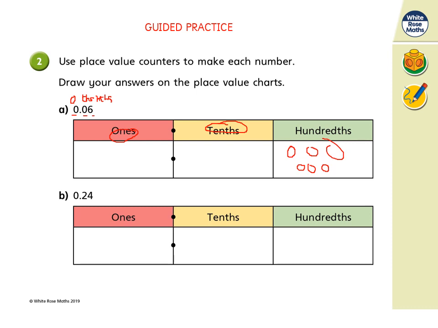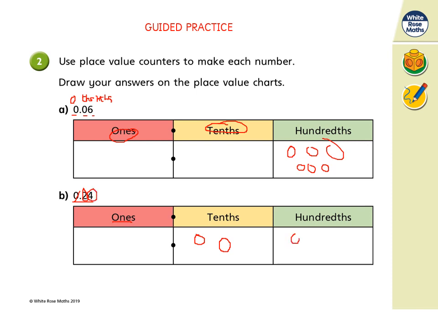Now again with B, I have decimal 0.24. In my ones column, I don't have any other value other than the placeholder, so I don't need to draw any counters in that ones column. I do actually though have 2 tenths, so I'm going to draw 2 counters to represent the 2 tenths that are in that place value column. And then I can see for my hundredths, I have 4 hundredths.